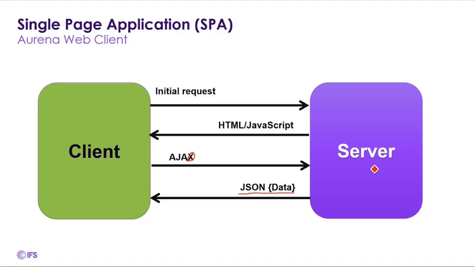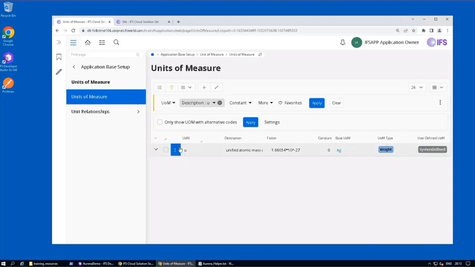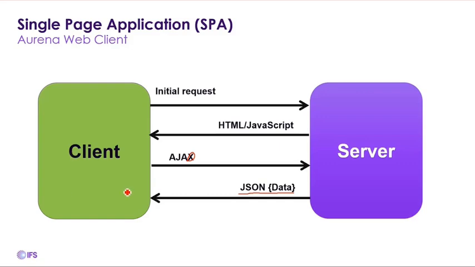The server will have a look at this request and try to find the data, maybe by executing a database query, create a JSON document and send it back to the client. Now, in the background, the client receives this JSON document. Ideally, when you're querying data, the client will receive a document containing this particular record, because for this query we only have a single record. Then the client will update the page in the background.